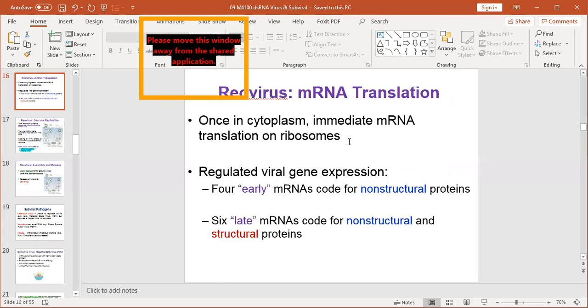And we have a very regulated gene expression. There are different sets of genes being expressed as a result of translation of different mRNAs.